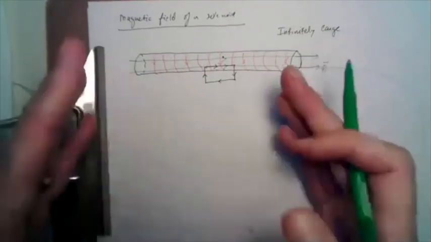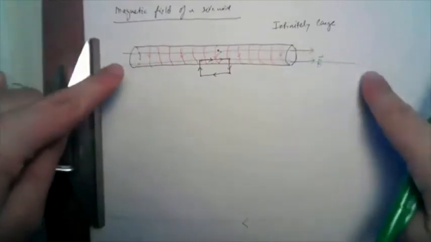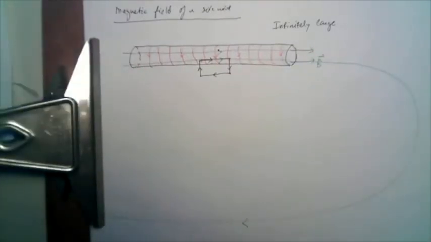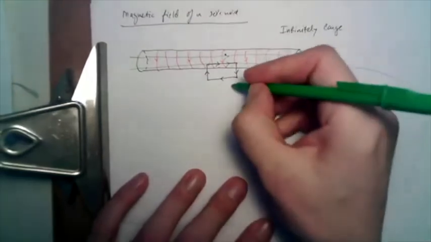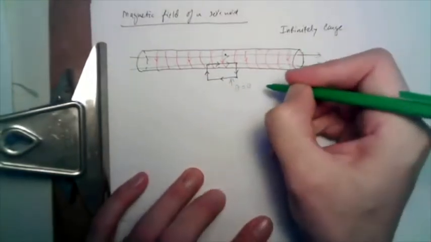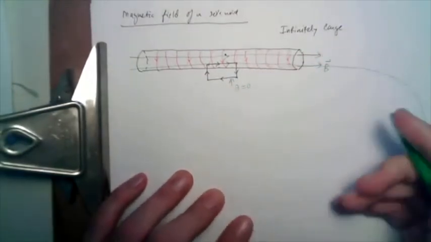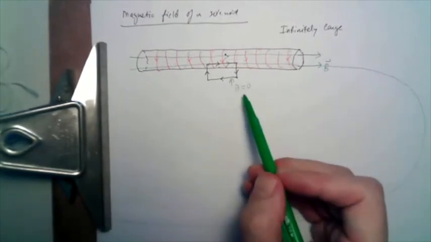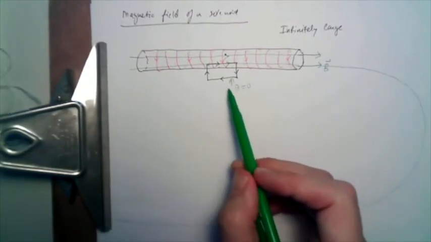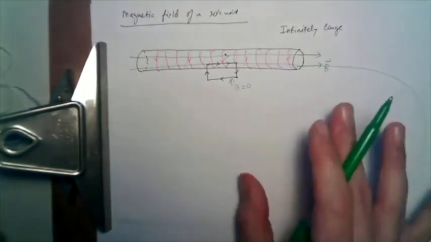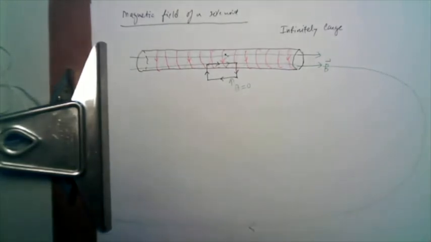So if you make this really, really large, this field is going to wrap around bigger and bigger. So therefore, here, B is going to tend to 0 in the limit of the solenoid being really, really large.